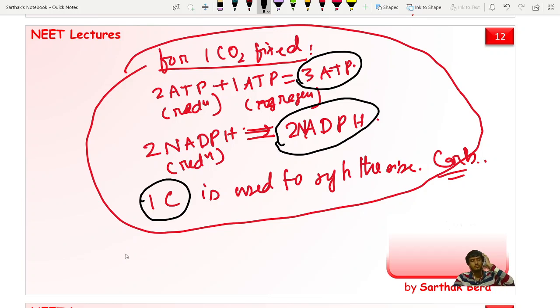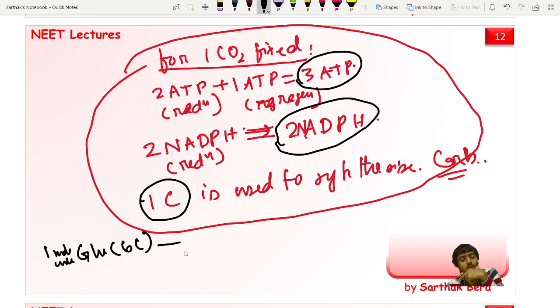Okay, so suppose glucose has 6 carbon. That means the plant is forming one molecule of glucose. So how many ATP and NADPH will it use?